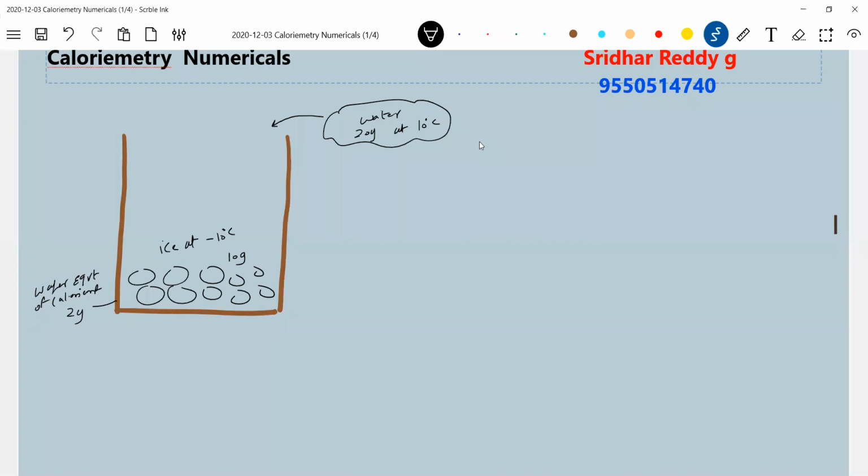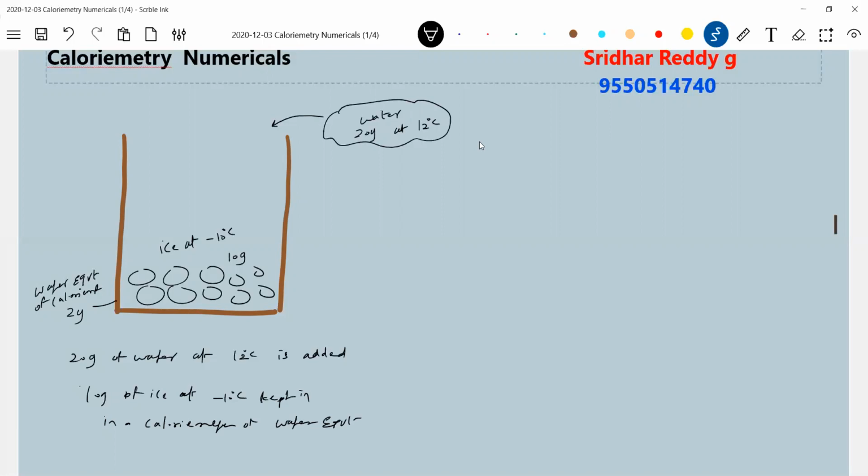Now, what should happen to this? I'll write 12 so we won't get confused with minus 10 plus 10. 20 grams of water at 12 degrees Celsius is added to 10 grams of ice at minus 10 degrees Celsius kept in a calorimeter of water equivalent 2 gram.